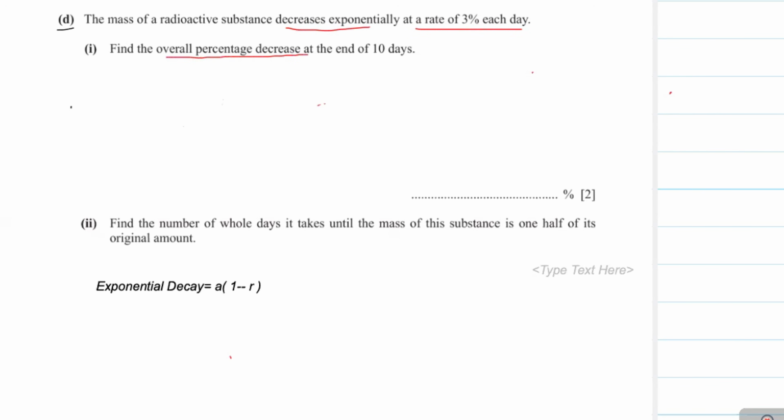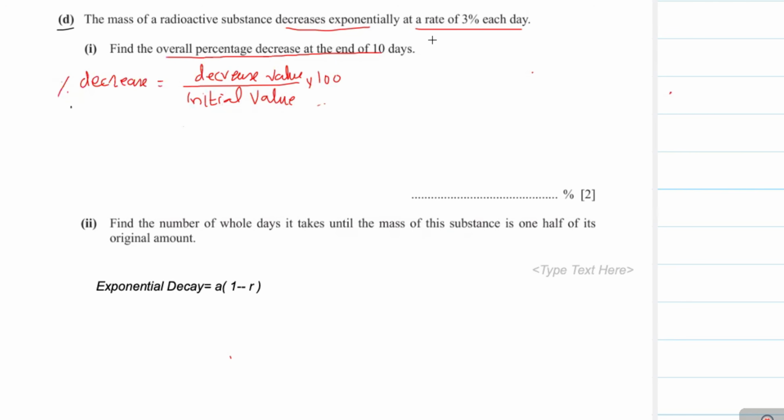Find the overall percentage decrease at the end of 10 days. Now the percentage decrease at the end of 10 days will be equal to the decrease value over the original value, you can say initial value, multiplied by 100. Firstly, we have to find the exponential decay value.